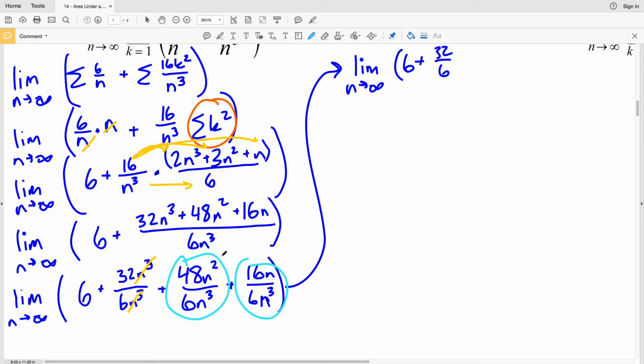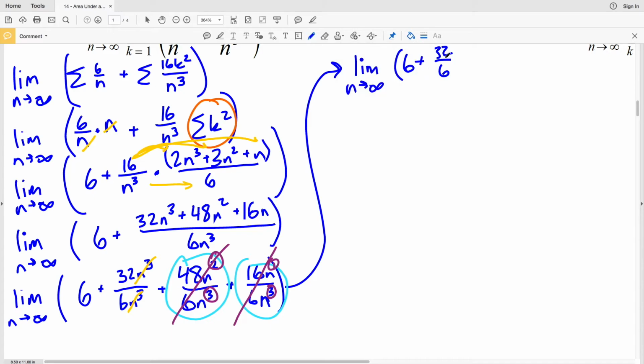because let's look. Remembering the limits at infinity, if the degree of the numerator is smaller than the degree of the denominator, we are approaching 0 as n goes to infinity. So for this, 2 is less than 3, so as n approaches infinity, this is approaching 0, and we have n to the first, and n cubed, and 1 is less than 3, so the highest degree in the numerator is less than the highest degree in the denominator, therefore this is also approaching 0 as n approaches infinity.